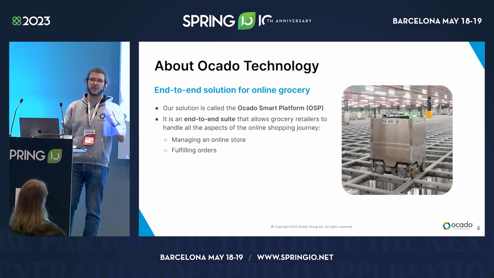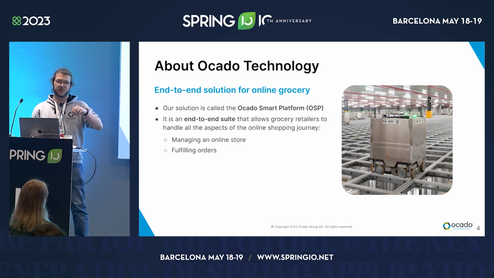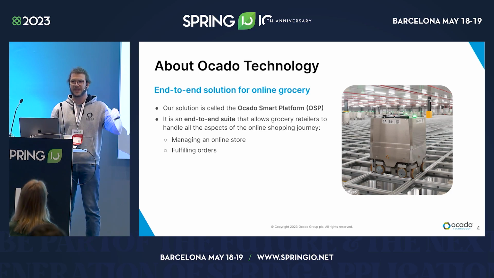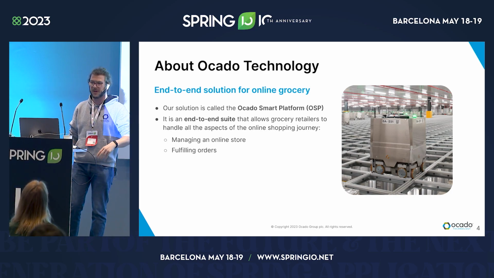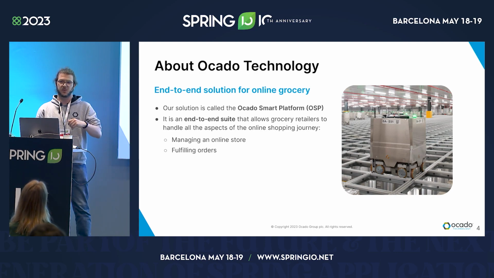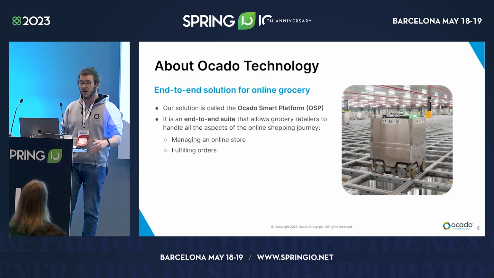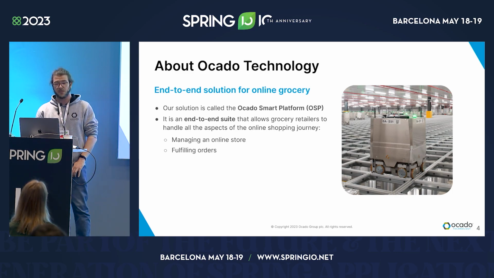Ocado Technology provides all the technology to build massive fulfillment centers with robots that automatically pick items and prepare the basket, and many services behind them that help the client manage orders, inbound stock, and many other operations.